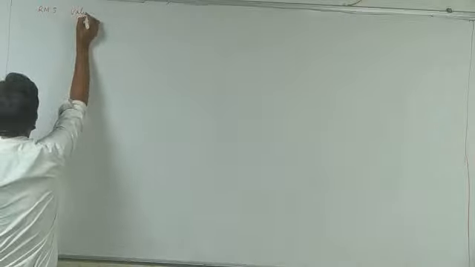If I equals I naught sine of omega t, the RMS value is I naught by root 2.